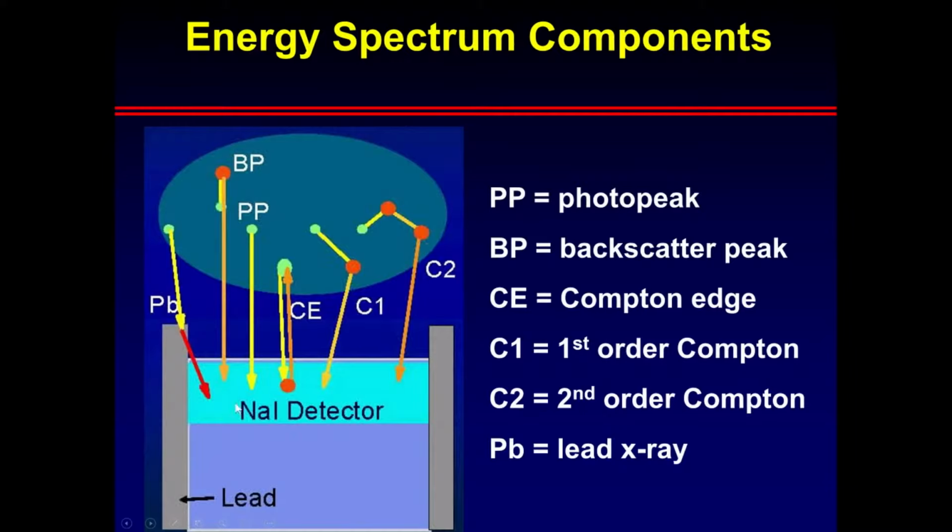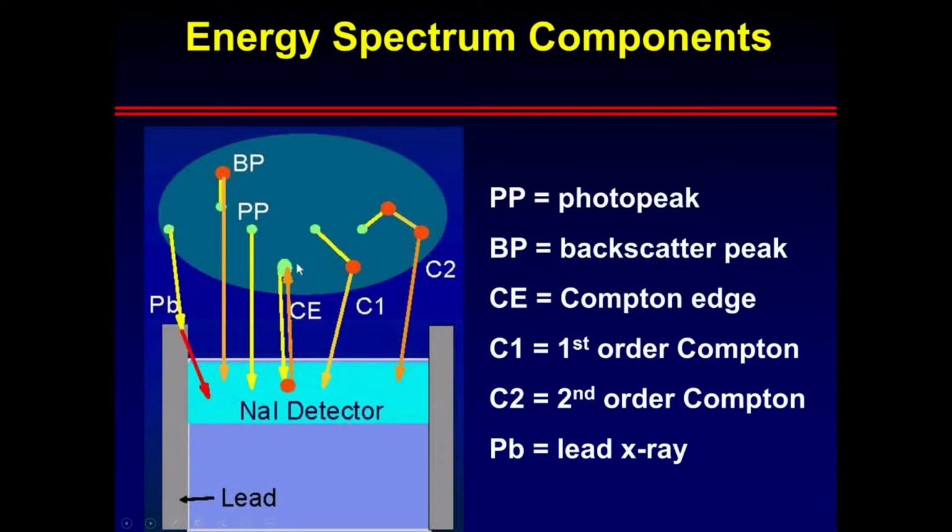So here's your sodium iodide crystal, and here's your optimal photon. It comes right down from the source, hits the crystal, has a full ionization of 140 kV, is detected by the pulse height analyzer as 140 kV, and is accepted.